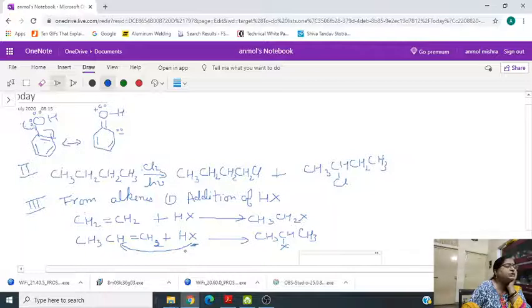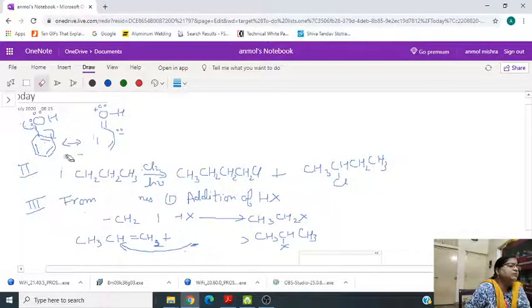But if it is HBr, then we use the anti-Markovnikov's rule, which is just opposite of Markovnikov's rule. That is, the negative part will go to that carbon atom which has more number of hydrogen atoms, and that reaction takes place in the presence of peroxide.